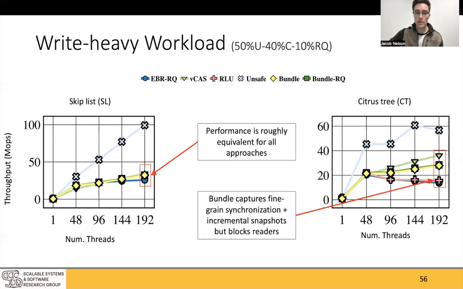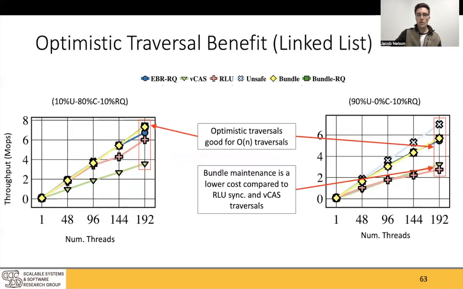Now, the last thing that I want to touch on is the behavior of our optimistic traversals. To do so, we're going to look at our linked list specifically. This is because the performance of a linked list is dominated by the performance of its traversals. We can see here that the optimistic traversals allow us to get good behavior in both a read-heavy workload, the left plot, and a write-heavy workload, the right plot.